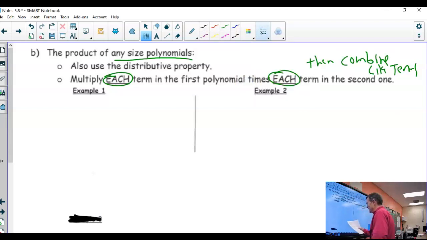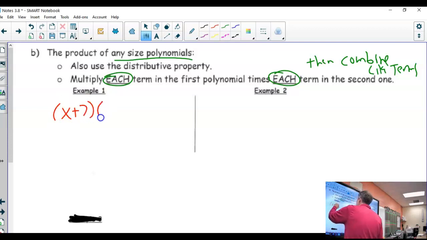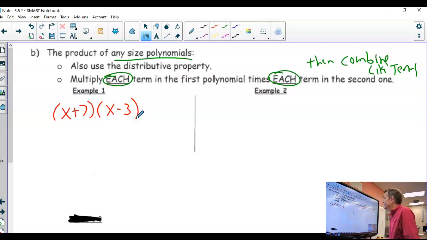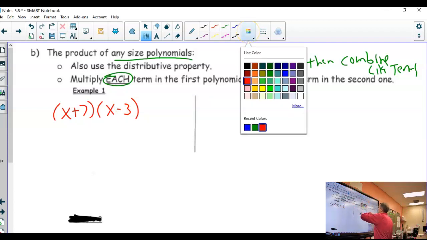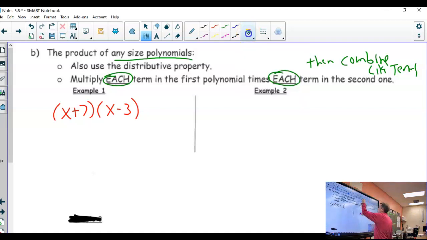I'm not going to do a third example, so we can get rid of example 3 there. Here we go. Let's start with a binomial times a binomial. Now, normally I would not write all this out, and you do not need to write all this out, but for demonstration purposes, I'm going to do it. I'm going to start with the x. I'm going to multiply the x times each term.